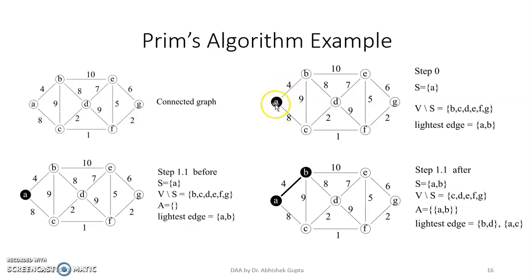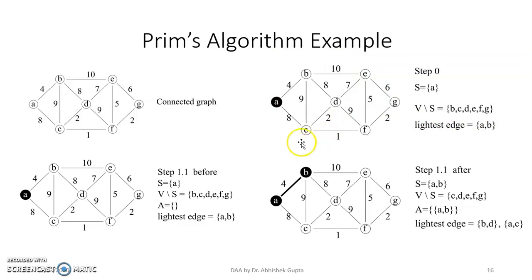Here two edges are connected through A, that is 4 and 8. There are only two edges connected through A, right? And the lightest edge is AB, with weight 4. That's why we will select this one. So it is written that the lightest edge is A comma B.